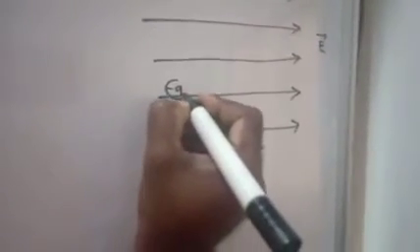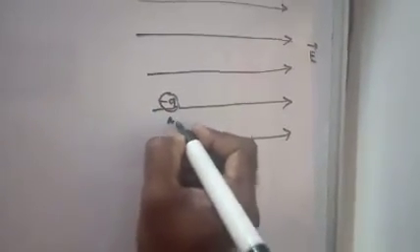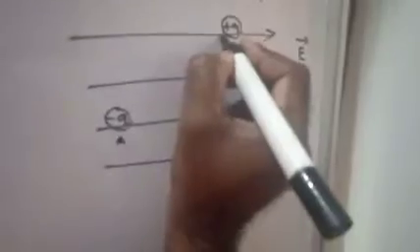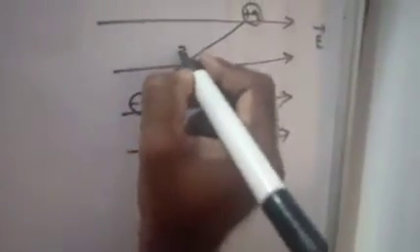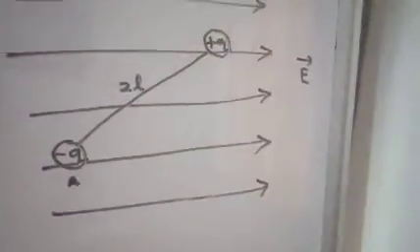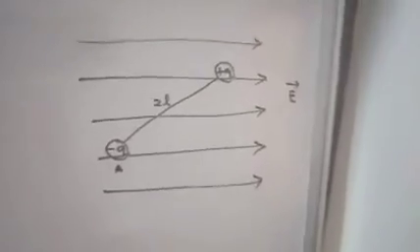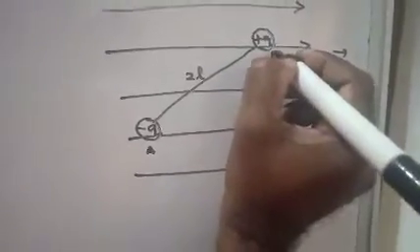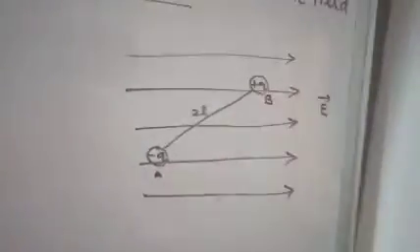You know, a dipole consists of a minus q charge and a plus q charge, right? The separation is usually represented with the symbol 2L. So this is an electric dipole consisting of a minus q charge and a plus q charge.